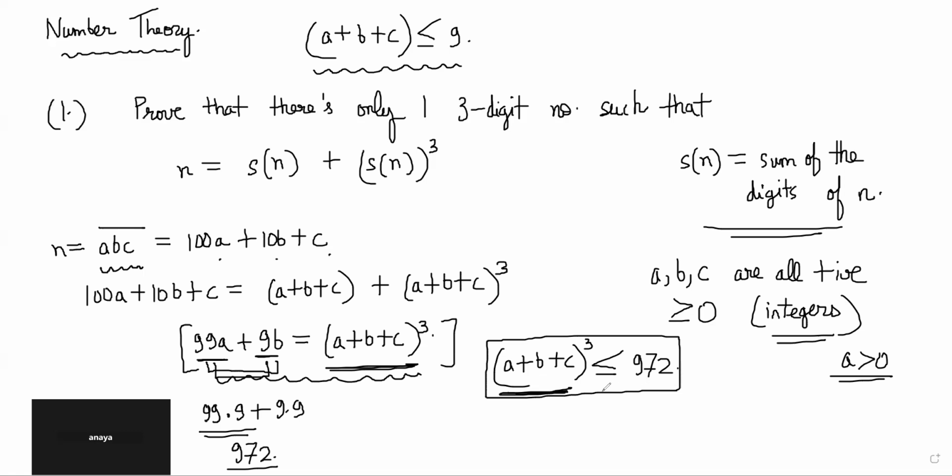So a plus b plus c cannot be equal to 10 for sure. So a plus b plus c is less than or equal to 9. That's one thing we have gotten.